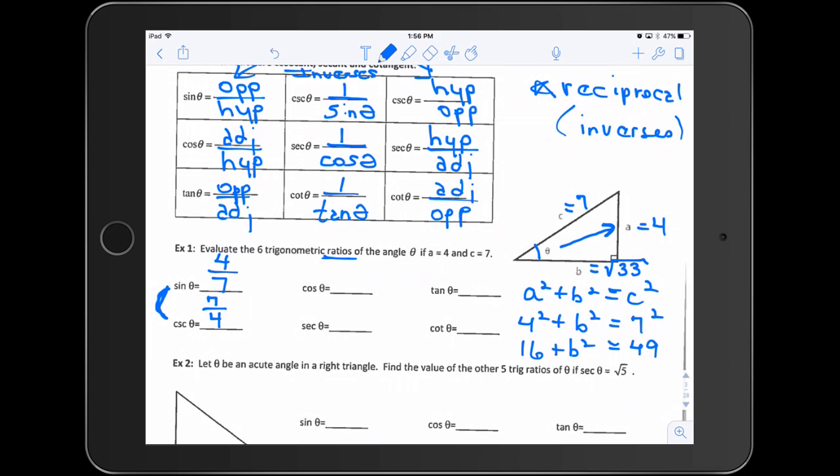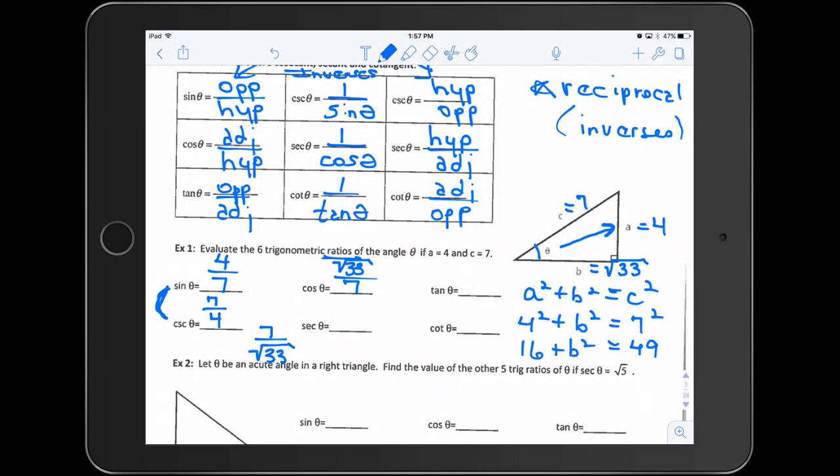Cosine is going to be adjacent over hypotenuse, so I have square root of 33 over the hypotenuse of 7. Now the secant is the flip of it, the reciprocal of it, but you know from first semester advanced algebra that you cannot have a square root in the denominator. So I'm going to do the reciprocal right here, 7 over square root of 33.